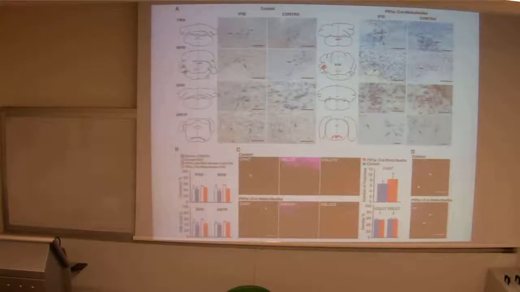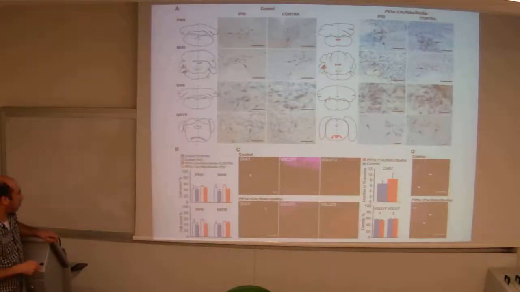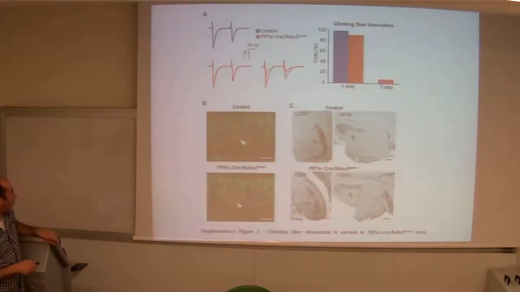Right. So this is again a lot of immunohistochemistry work, it's very technical. I don't think there's much point in getting into all the details of that, but that's the bottom line.